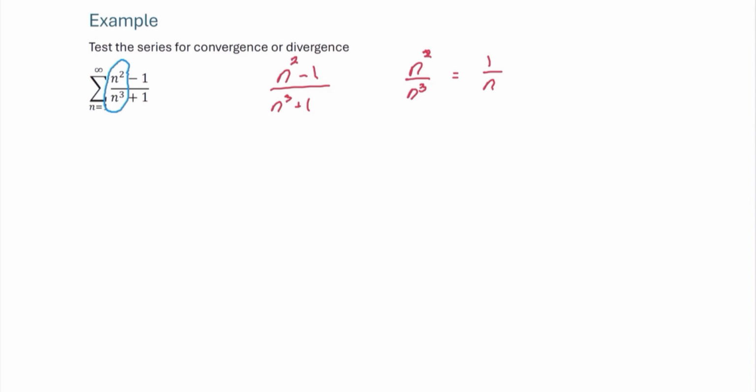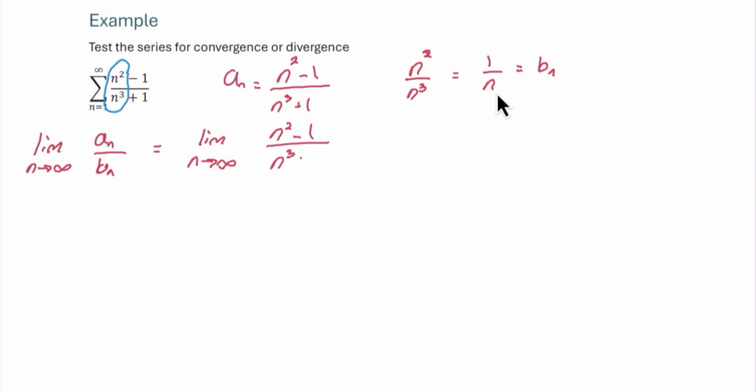harmonic series. Let's call this b sub n, and we'll call the original a sub n, and we can use a limit comparison. Limit as n approaches infinity of a sub n divided by b sub n. We'll copy a and divide that by b.